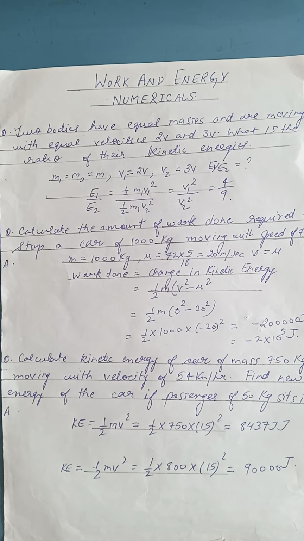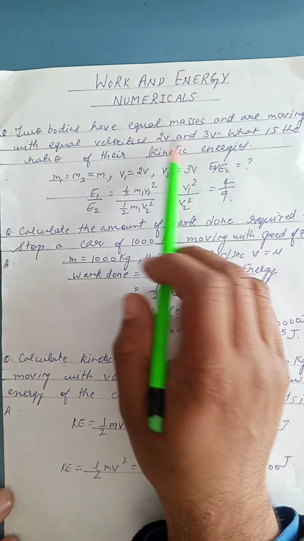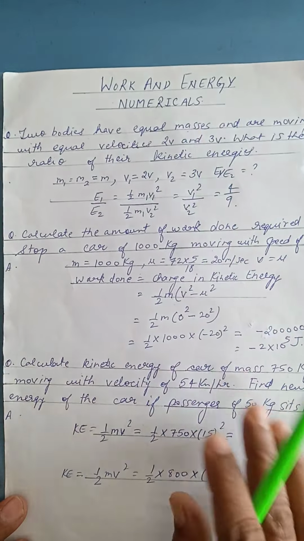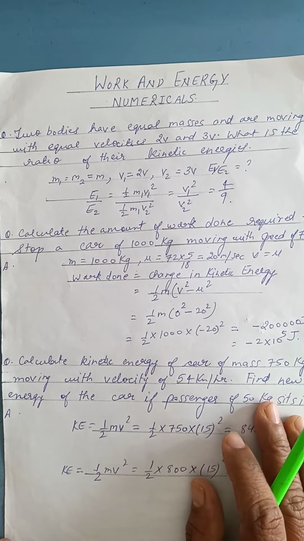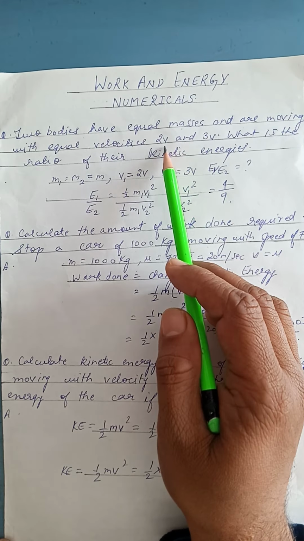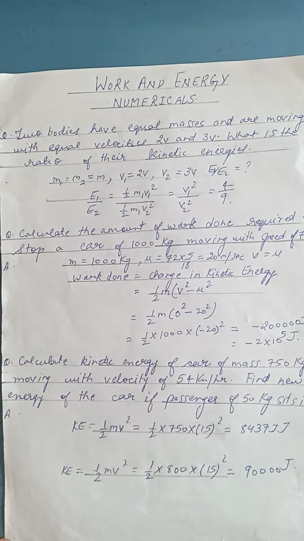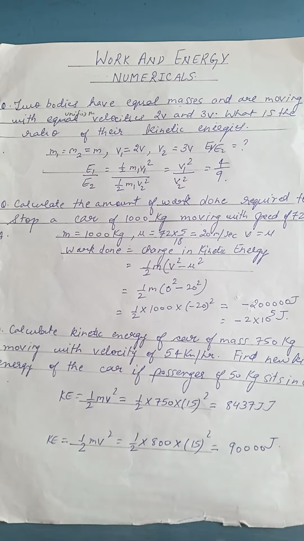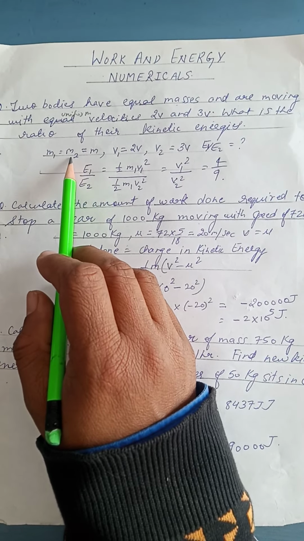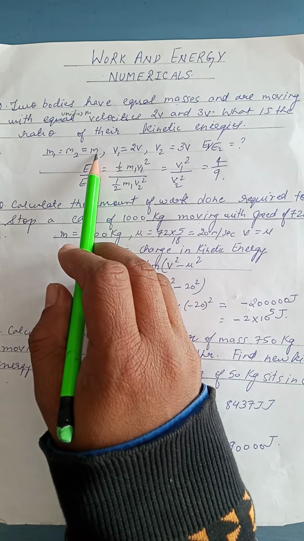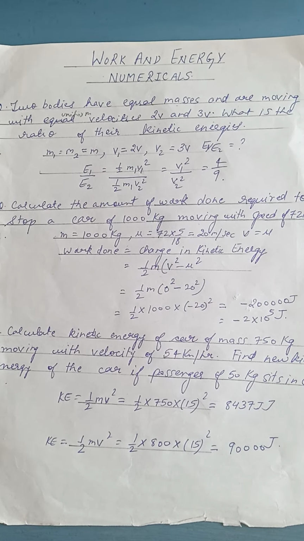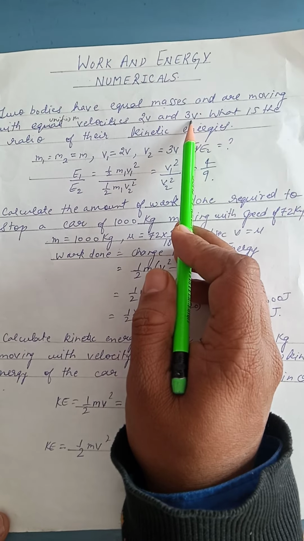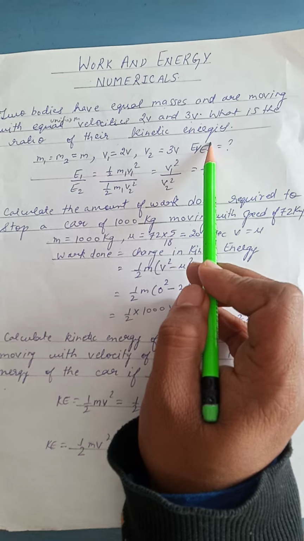We can consider two bodies as m1 and m2, and they have equal masses and they are moving with the velocities 2v and 3v. What is the ratio of their kinetic energies? So when you substitute the values, because the masses are the same, we can write m1 and m2 as m.